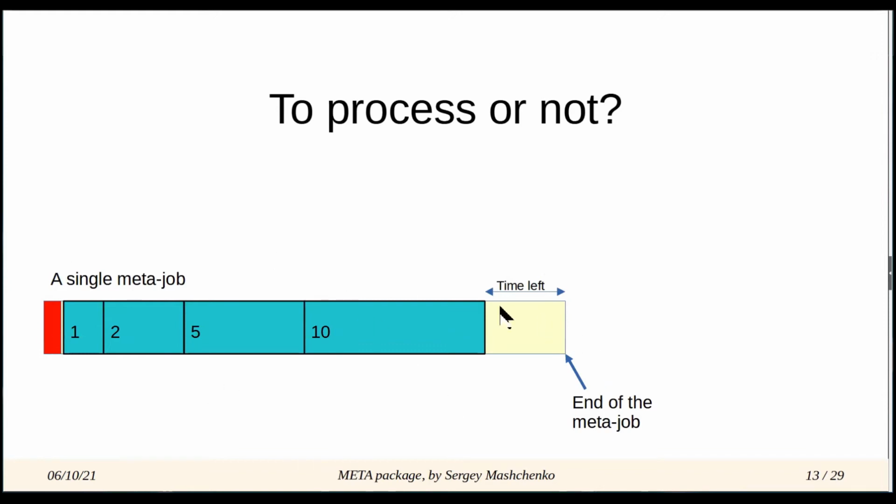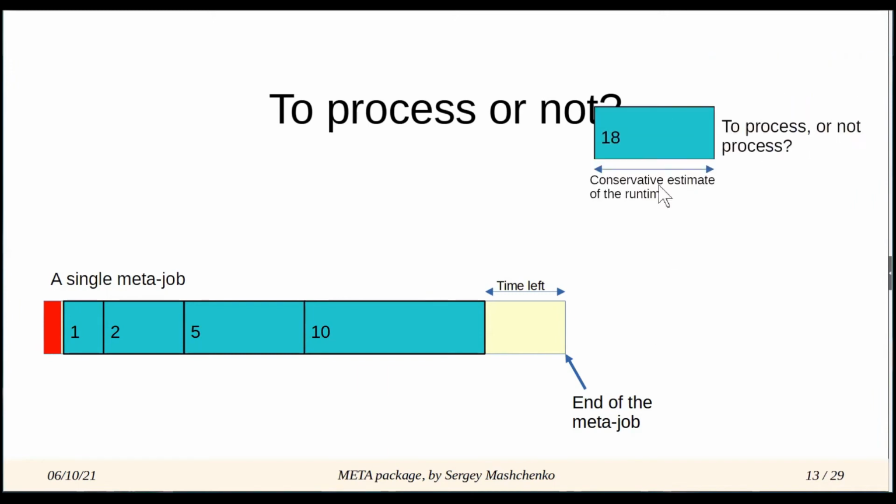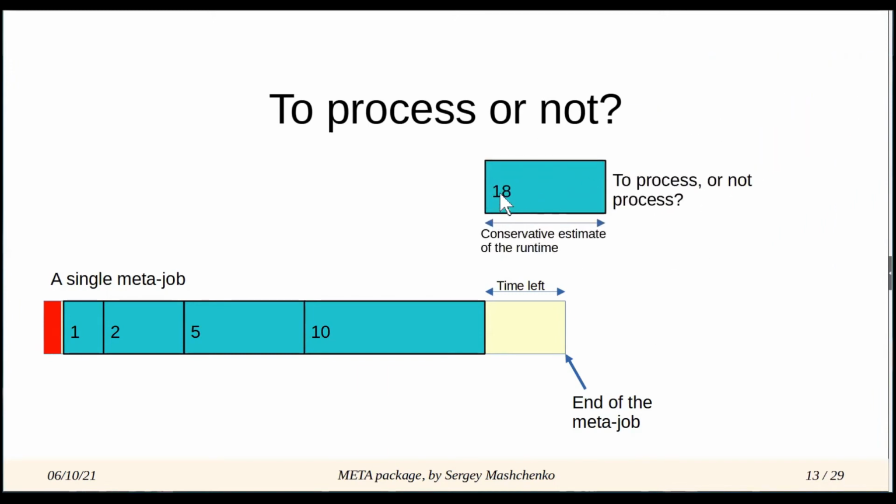This is one of the meta job examples I showed earlier. Now I'm showing the explicit end of the meta job. Meta jobs, of course, know how much time is left before they die, before they get killed by the scheduler. So before it accepts the next workload, let's say number 18, it wants to know: will it have time to process it or not? Because if it mistakenly thinks it has time, starts processing, and then gets killed halfway, you've wasted a fraction of your resources.